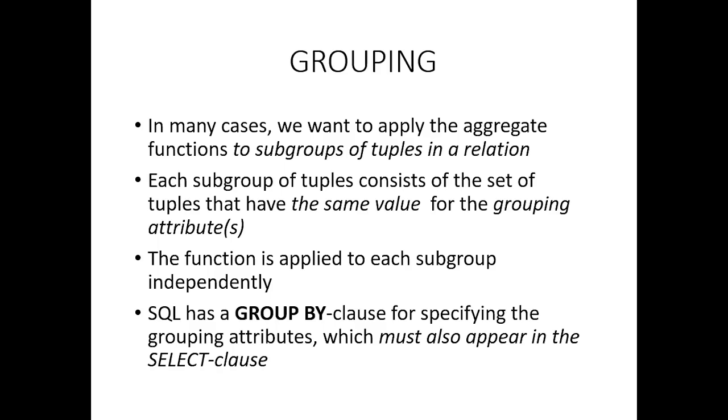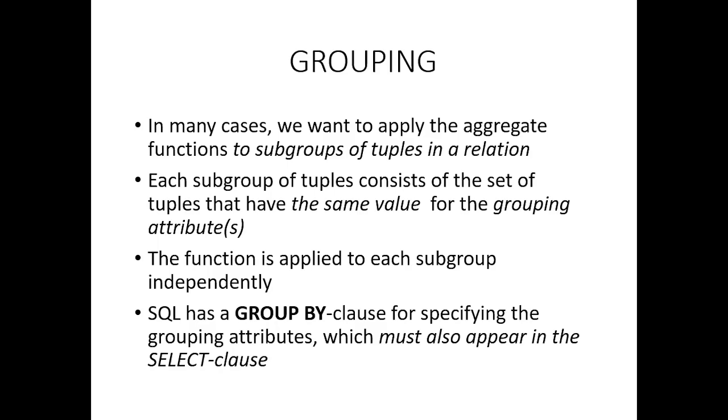So, for example, we may want to find the average salary of employees in each department or the number of employees who work on each project. In all these cases, the subgroup is dependent on a condition, based on some attribute values.